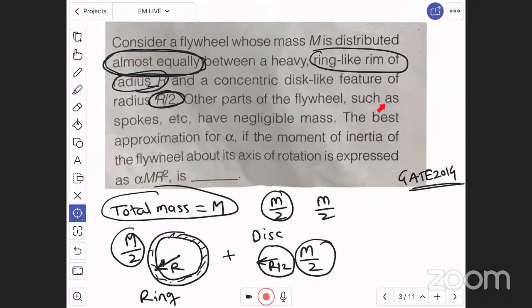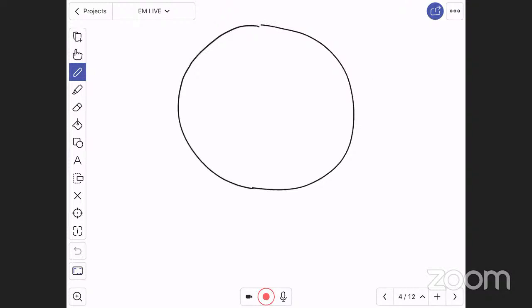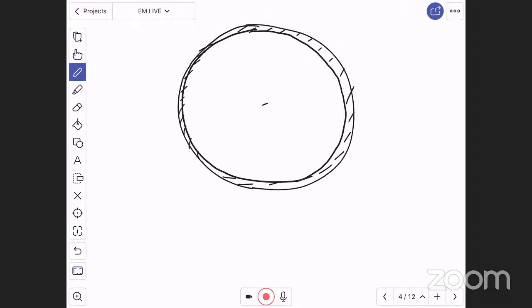Other parts of the flywheel, such as spokes, have negligible mass. So how will the flywheel look? There is a ring, and for this ring the radius is r and mass is M by 2.